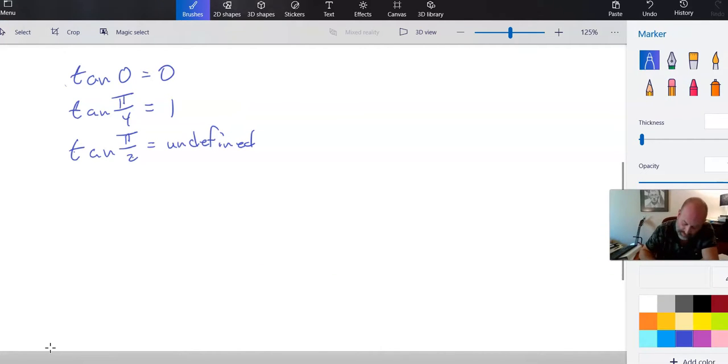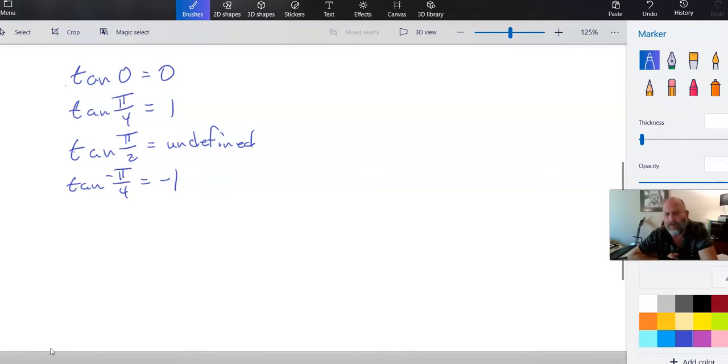Okay, so automatically, because tangent pi over 4 is 1, that means that tangent negative pi over 4 is equal to negative 1, right? So we're getting that for free. I don't have to worry about 0 because negative 0 is still 0, and undefined is undefined, right? If you're undefined, you're undefined. So you don't worry about the signs there.